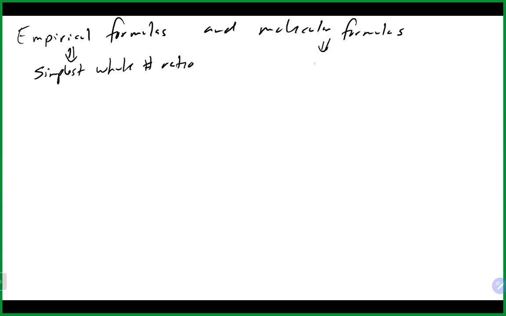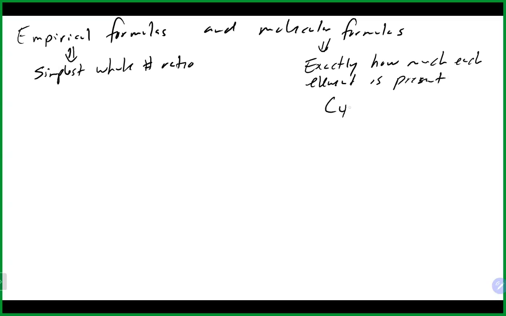A molecular formula tells us exactly how much of each atom or element is present. So if you had C4H10 as your molecular formula, that is something that you could reduce down by 2 in this case.